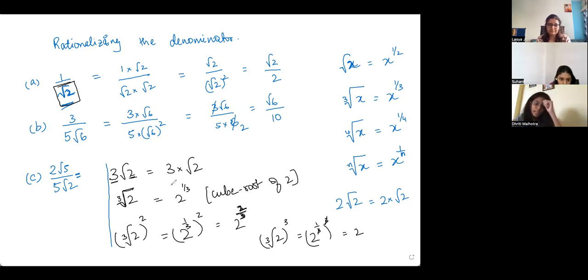So, Miss, root A into root B is equal to root AB. Correct. Okay.